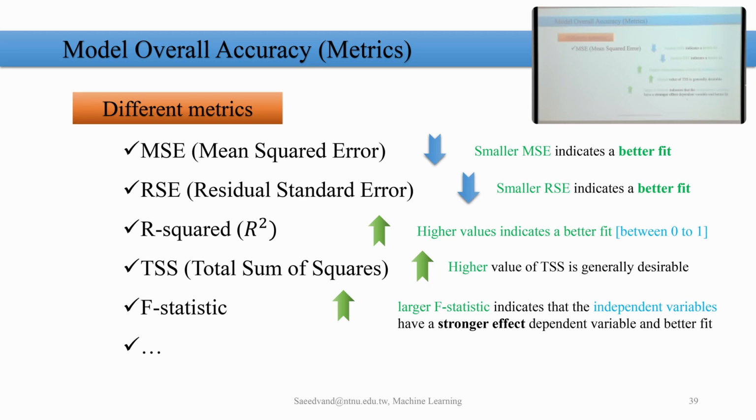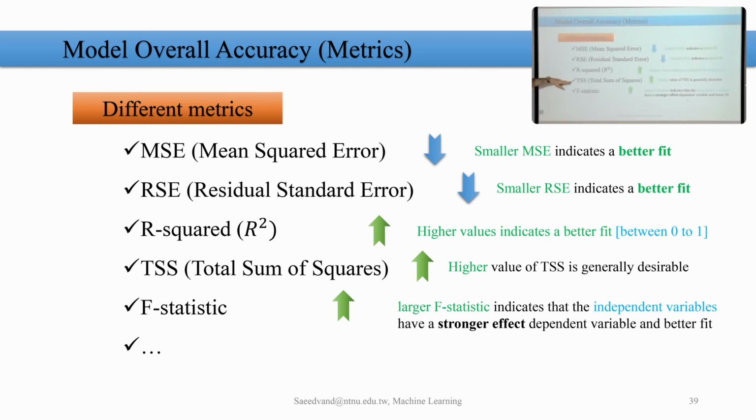Now if we want to compare all of them together, let's bring them all. For mean square error, we said that a smaller mean square error indicates a better fit after calculation. For residual standard error, again smaller indicates a better fit in our model. For R squared, a higher value indicates a better fit.